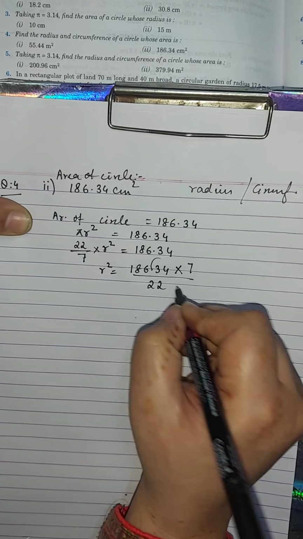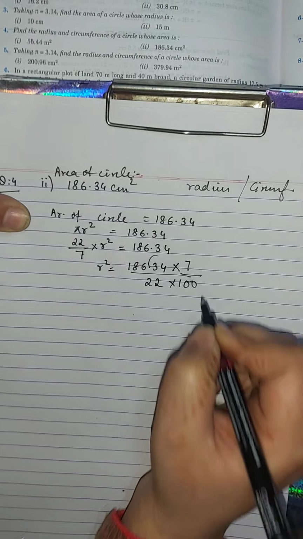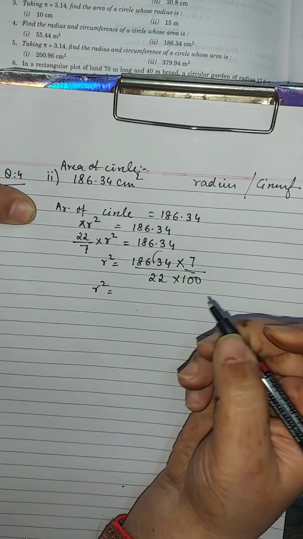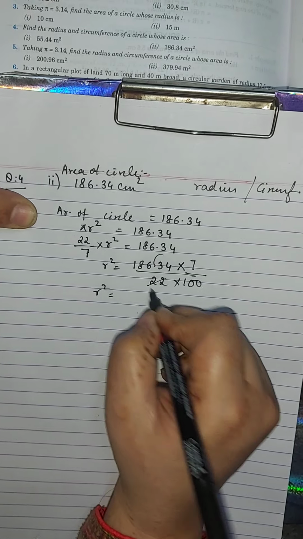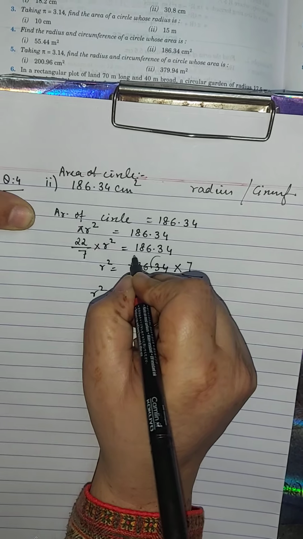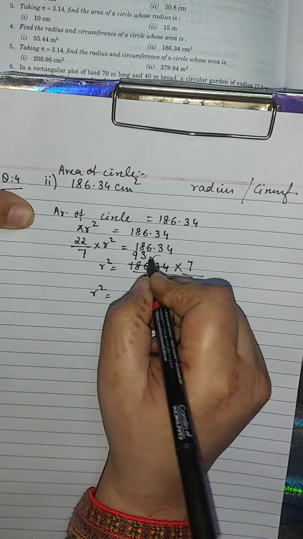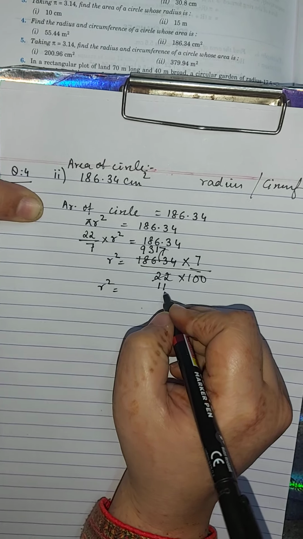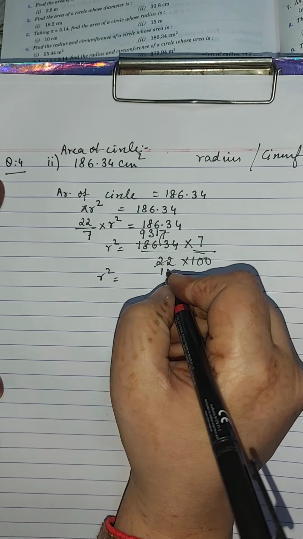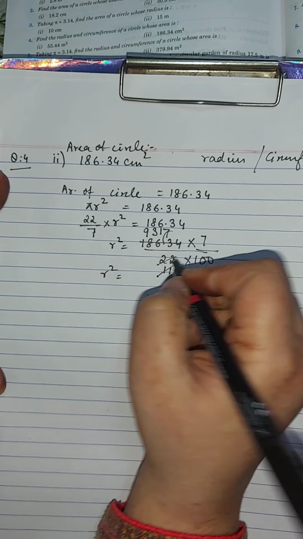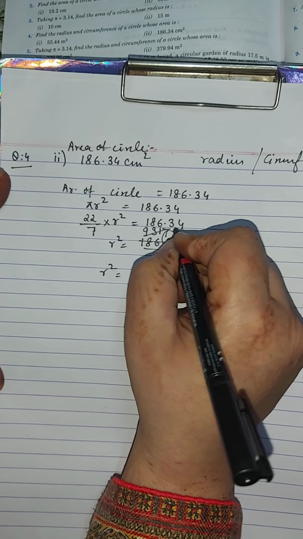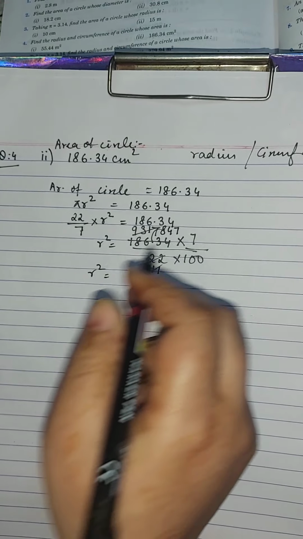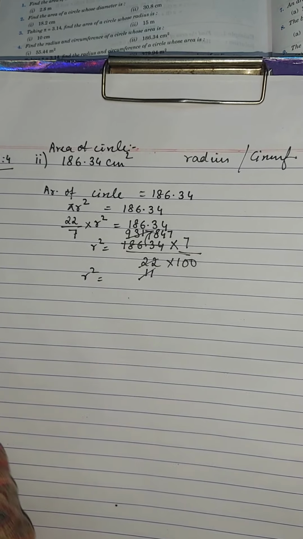7/22 into 100. Now r square is equal to, you have to do the cutting. 2 से cutting करोगे 11, 2 9s are 18, 2 3s are 6, 1 and 7. You can cut it with 11 also. Cut by 11, it will come 847. So 847 into 7.